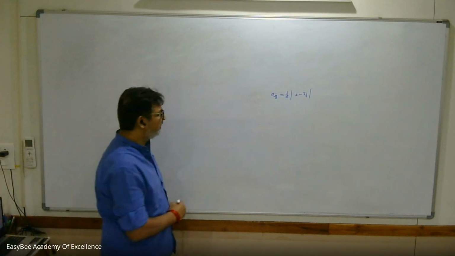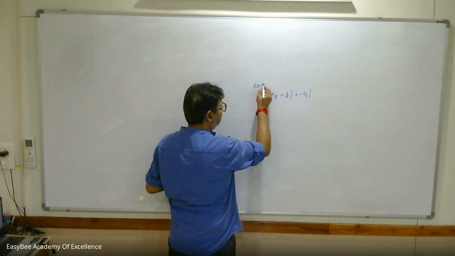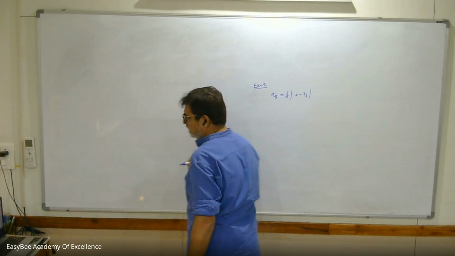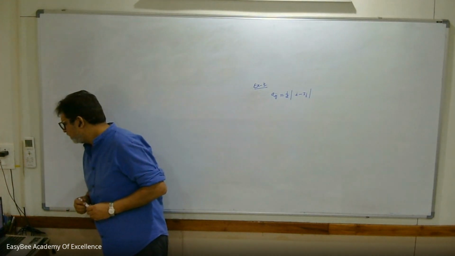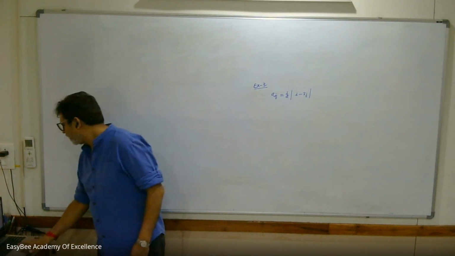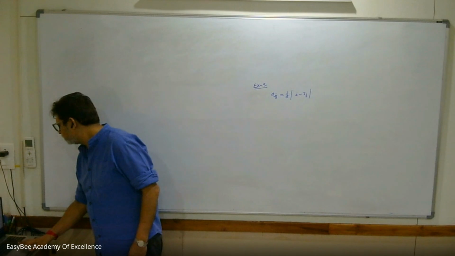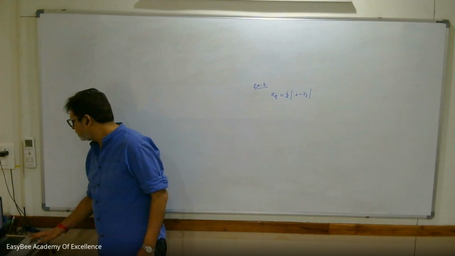Okay. So, this is example 3. Now you are given this information. Sanya, you can switch on your camera. I can't see you here. Sanya, are you listening?